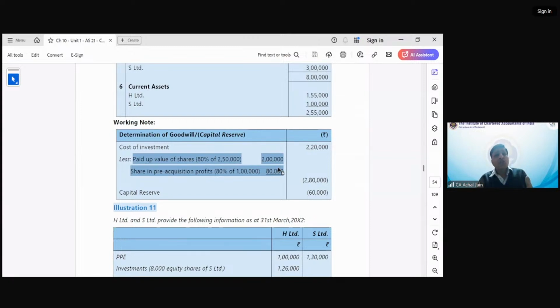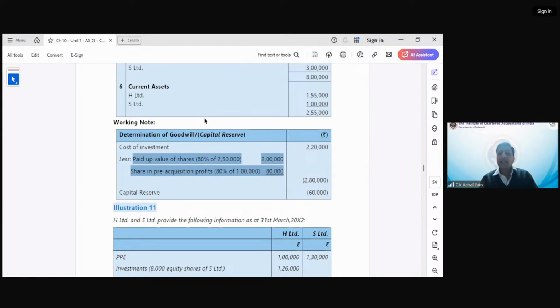Yes or no? So if you have already considered, already taken that, don't take that to the balance sheet again. Otherwise, that will be a duplication. Yes or no? You will only pick up the figure once. If that is taken once, it's closed. Fine. Yeah. Bhavna, clear on this now?